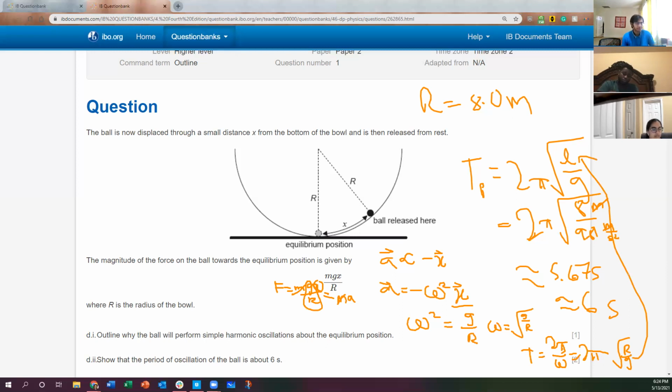Sure. When you were deriving it, what did you do with the x? F equals mgx over r, as they tell us, and by Newton's second law it's ma. If we divide both sides by mass, we get acceleration equals gx over r.